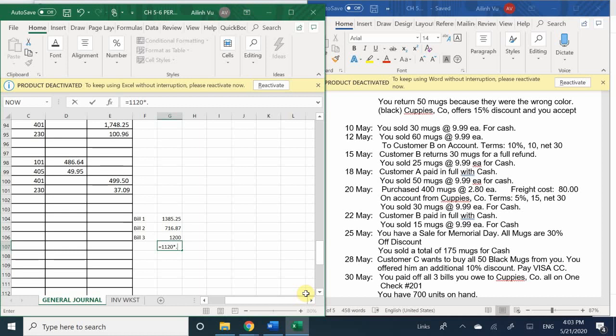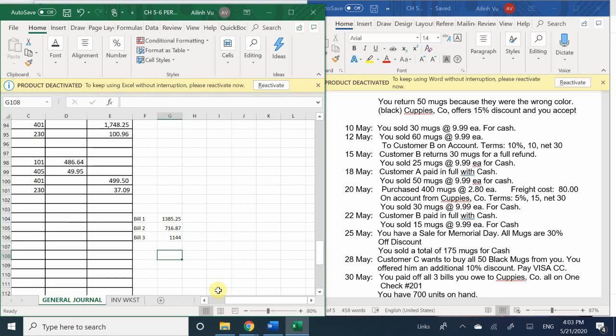Okay. And we're going to multiply that by the 5%. So we know that we need to take $56 off. So here we're going to recognize that it's going to be 1200 minus 56, 1144. Okay.